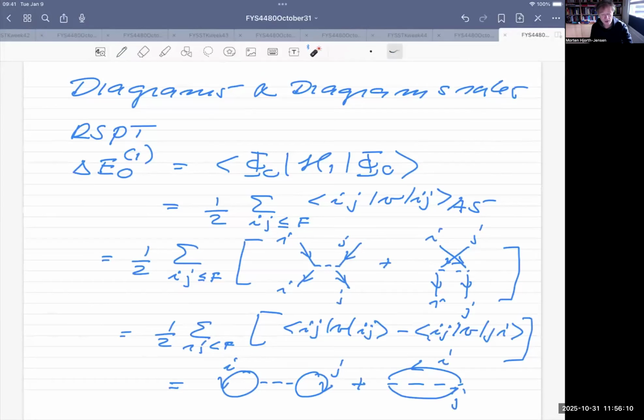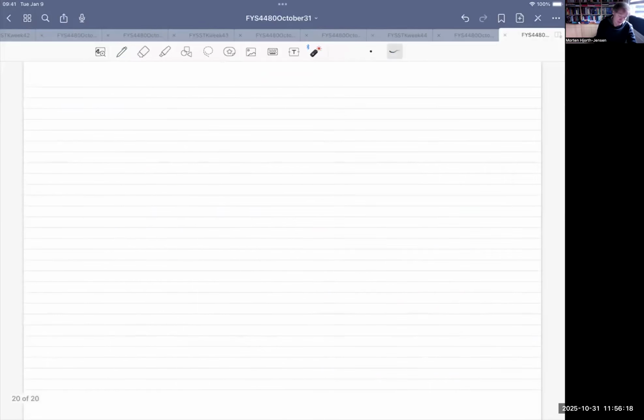So if we now look at the expression we had for the second order terms, so let's just look at the delta E 0 to second order. Now, the way we can think of this is in terms of a diagrammatic way, and we can set up the whole process as follows.